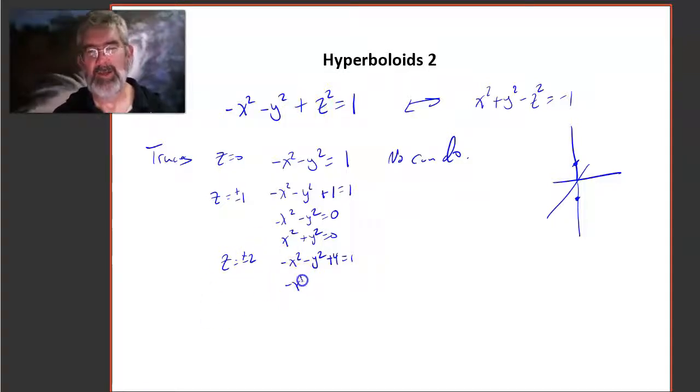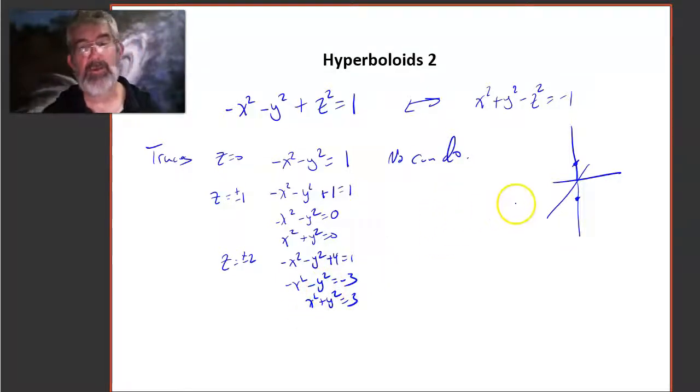So I've got minus x squared minus y squared equals negative 3, or x squared plus y squared equals 3. And that is now a circle of radius square root of 3. So by the time I get up to 2 here, I have a circle of radius square root of 3 in that plane, z equals 2.